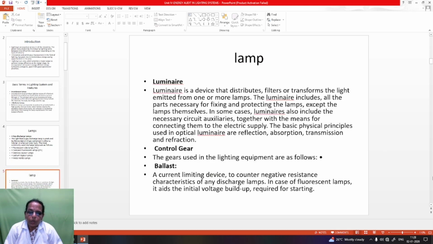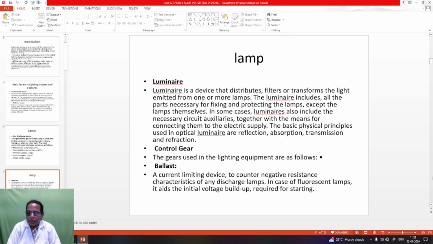Luminaire. Luminaire is a device that distributes, filters or transforms the light emitted from one or more lamps. The luminaire includes all the parts necessary for fixing or protecting the lamp, except the lamps themselves in some cases.